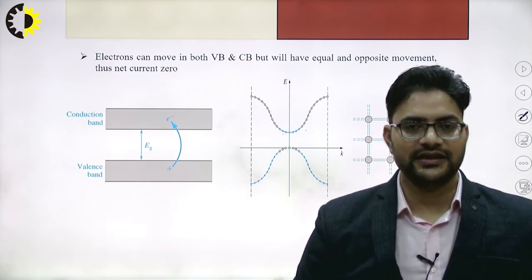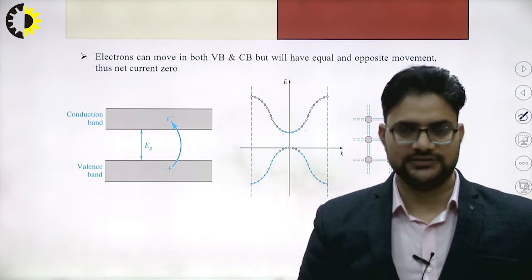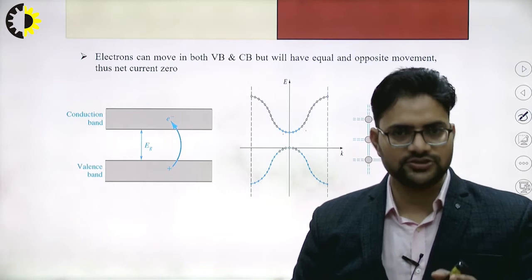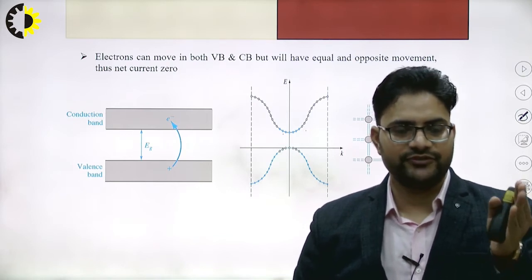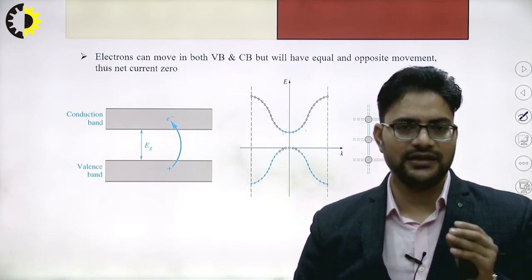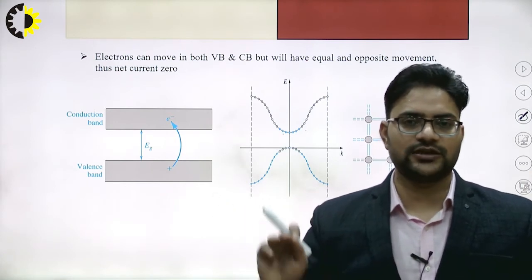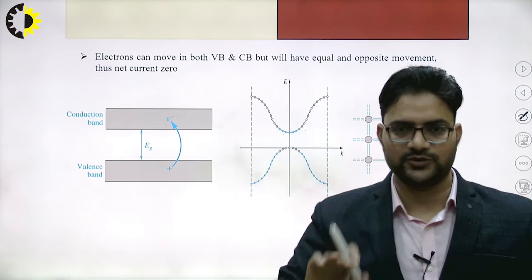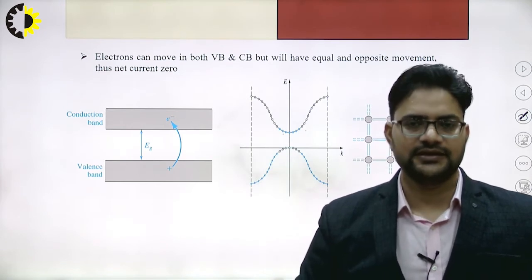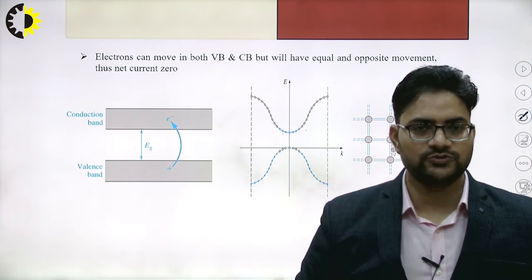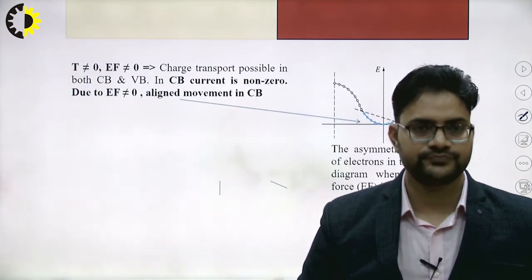In other words, some electrons are reaching from the valence band towards the conduction band, and at the same time an equal number of electrons are reaching from the conduction band towards the valence band, so the conductivity will be equal to 0 in this case also, right?